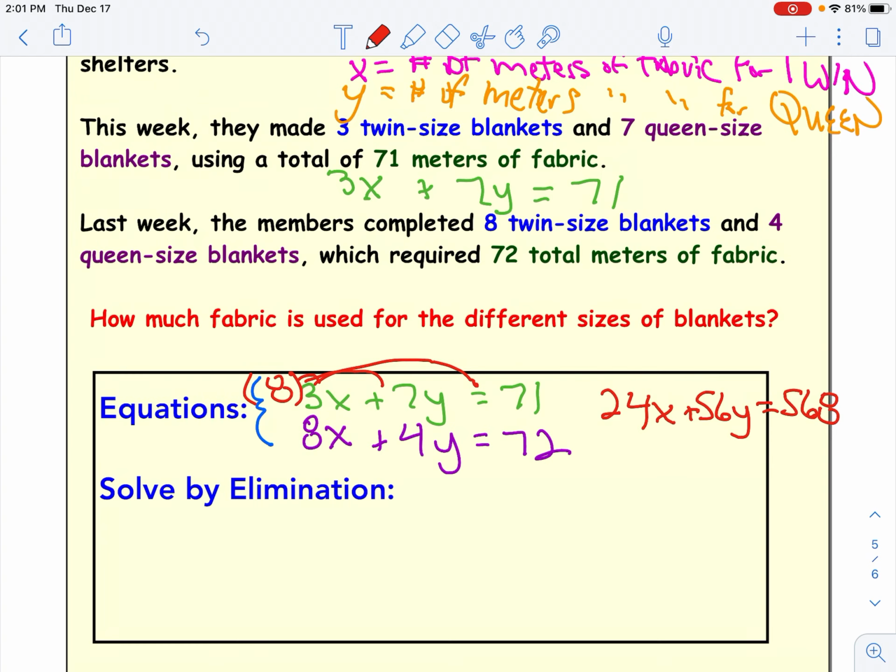The second equation, I am going to multiply everything by -3. And so that's going to give me negative 24x minus 12y equals, and then 72 times negative 3 gives me negative 216.